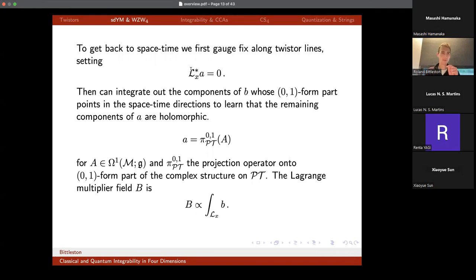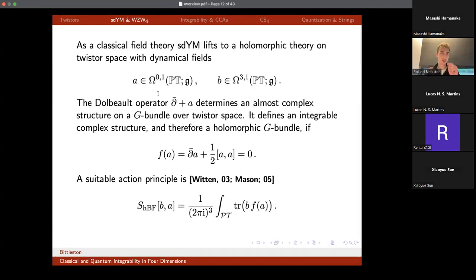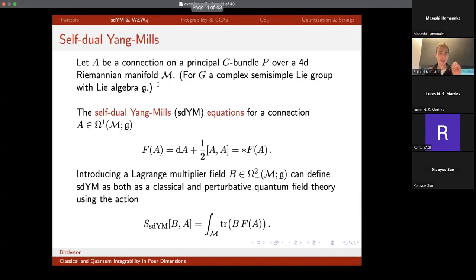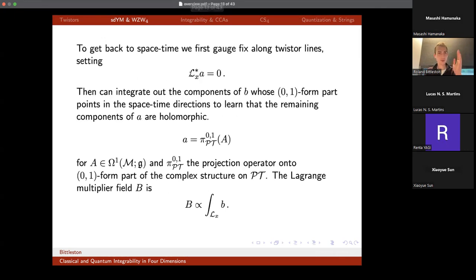We pull back this partial connection to that twistor line, and then we fix the gauge where the connection 0-1 form vanishes, so that the d bar operator is just the standard d bar operator. Once we've entered that gauge, we can then integrate out components of B, which point in the space-time directions, and that will tell us that the remaining components of A are holomorphic.